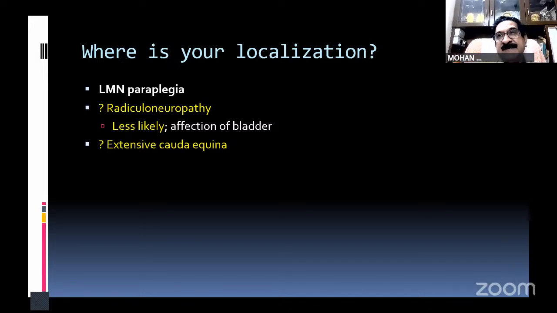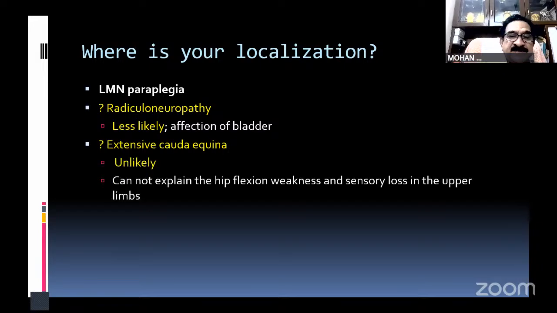But in cauda equina per se, the hip flexor should not be affected, because that means the lesion has gone above the cauda equina, since it cannot explain the hip flexion weakness. And of course, the sensory loss in the upper limb could not be explained, maybe part of the old stroke. But the right upper limb also has reduced vibration. She said improvement, but you cannot take that into consideration.